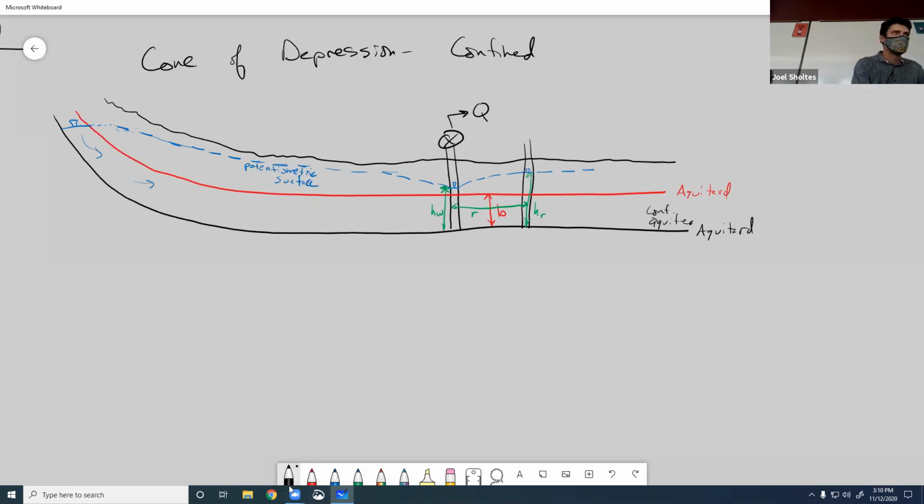And then in this case, our cone of depression equation, Q is equal to 2 pi B times K, H minus HW, so they're not squared this time, over ln of R over RW.